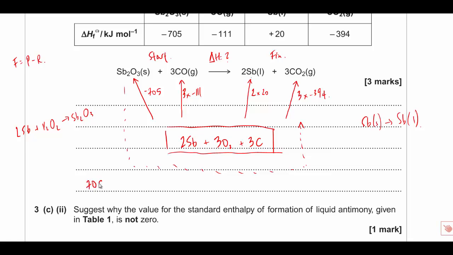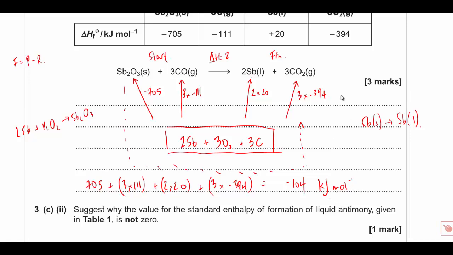I would say 705, add 3 times 111, add 2 times 20, add 3 times minus 394, and we should find that that comes out at minus 104 kilojoules per mole.